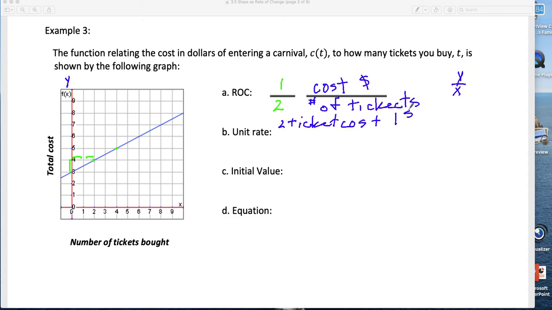Because that's not a unit rate. Actually, I didn't write that correctly. That dollar sign is still in front. So what does it cost per ticket? That's the unit rate. That's what I want to know. What is the per ticket cost?